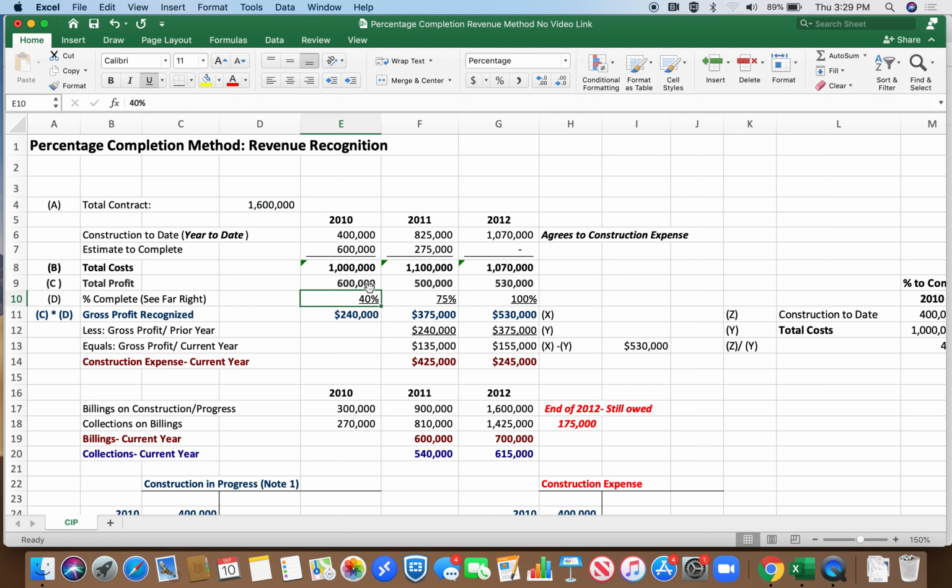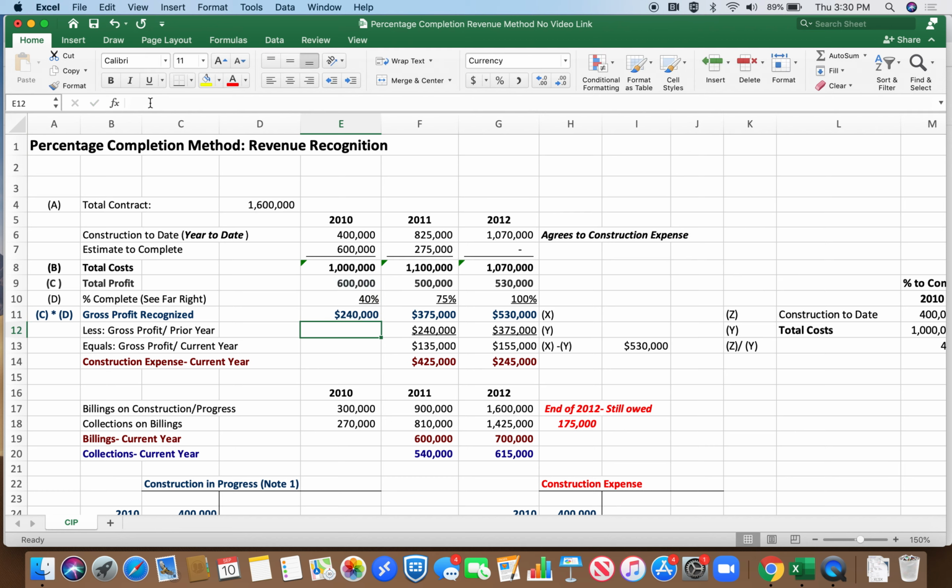Now what we're going to see as we move across is that may change. Most of these contracts are billed based on a percentage completion. So in this example, the percentage complete is 40%, we're going to assume. So that means the profit that you recognize is 600,000, the total profit you estimate times 40% in red.